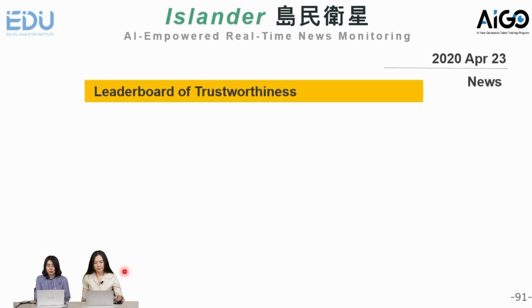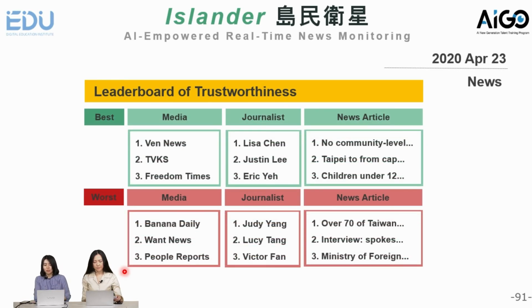After we get the trustworthiness of each news article, we can aggregate the news article information for each media and journalist, and we can have a leaderboard to monitor its daily ranking, and probably promote the better media or better journalists, and try to stop the bad news media from generating too much misunderstanding and misinformation for our readers.